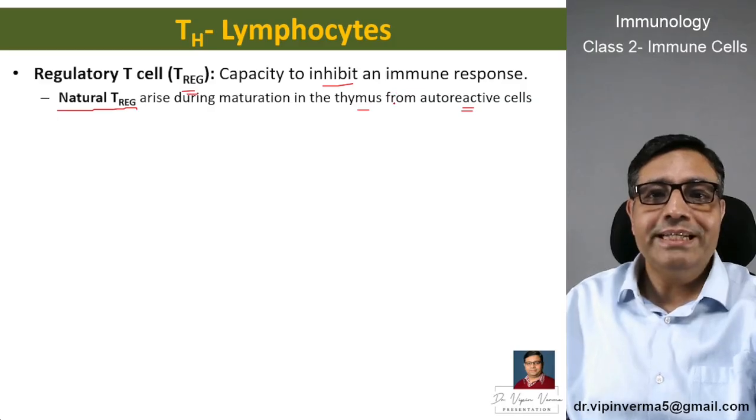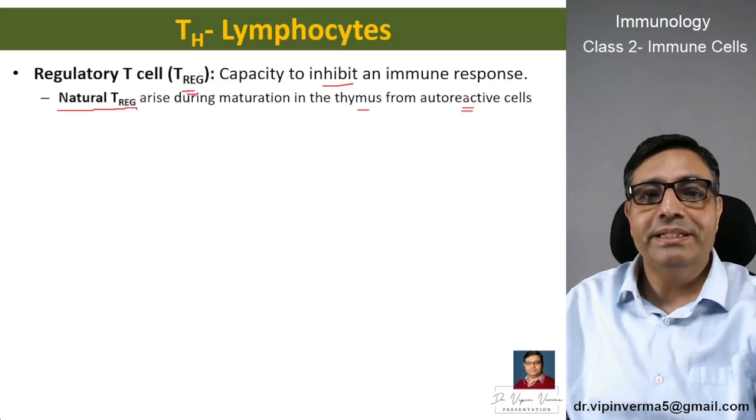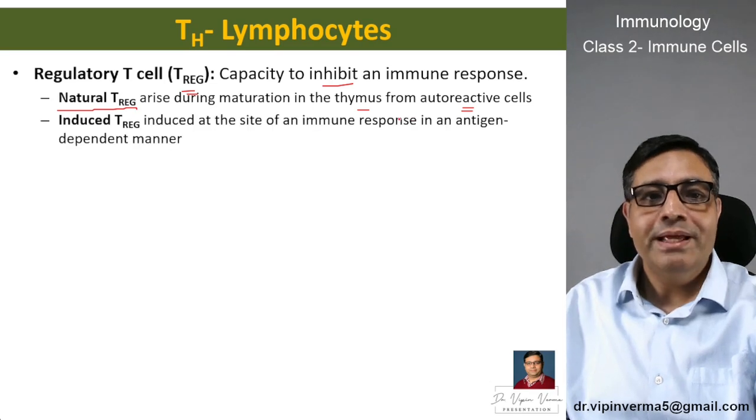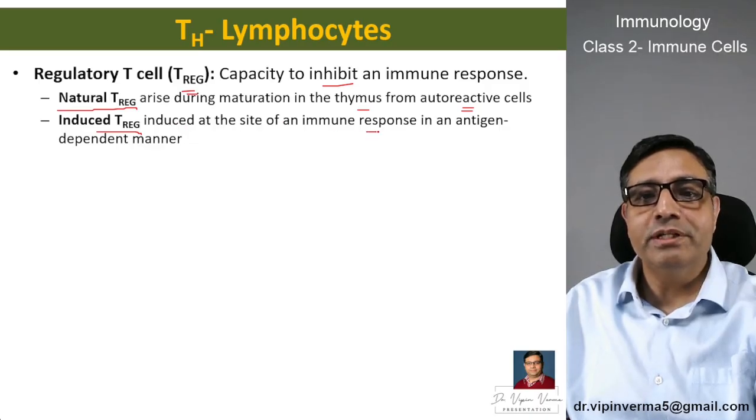So how were they deleted? These autoreactive cells were deleted with the help of these Tregs, and they mature in the thymus from the autoreactive cells, because they know where to stop. And then we have the induced Tregs.